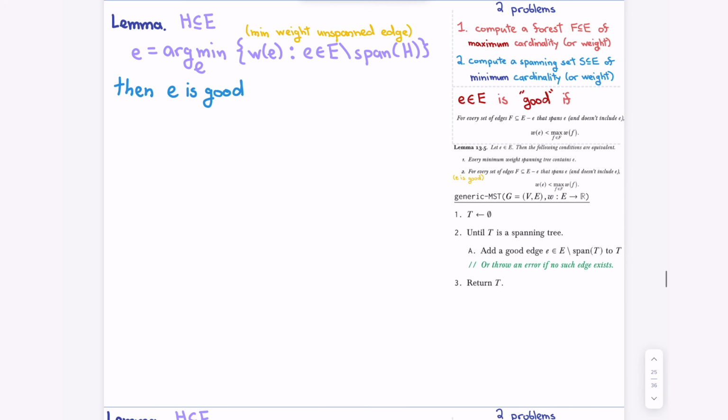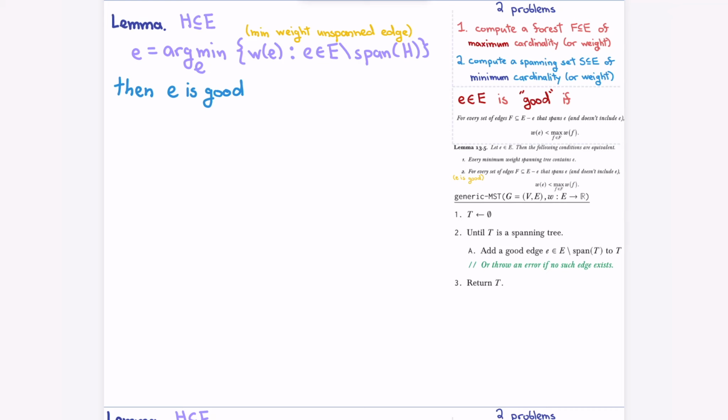I guess here's a general lemma then. So you guys already noted that the minimum weight edge is always safe. And probably the second minimum weight edge is always safe. And probably the third minimum weight edge, but you can identify the one case where it isn't. So this is a little bit more general.